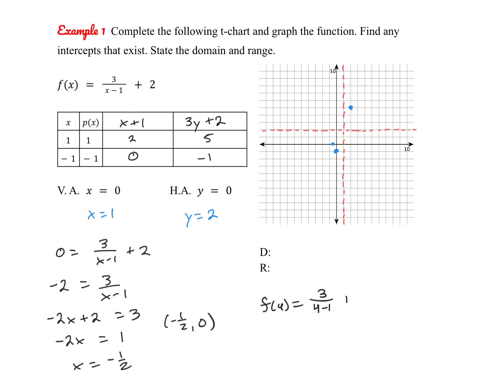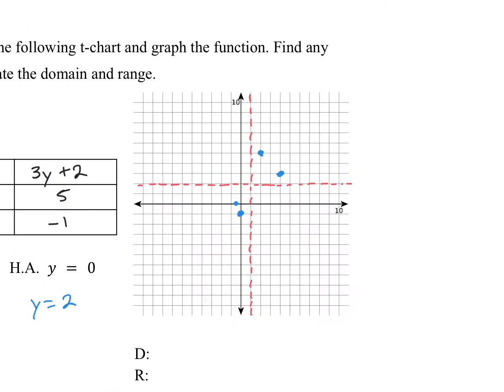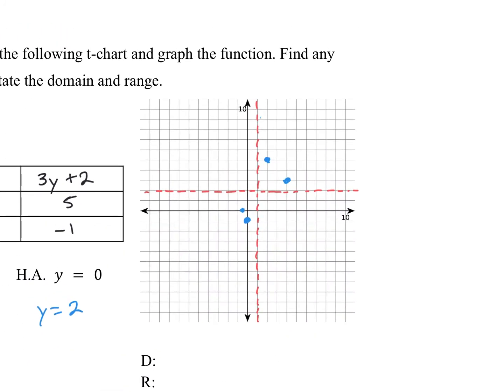So we have 3 over 4 minus 1 plus 2. So this gives us 1 plus 2, which is 3. I did pick 4 strategically because it looked like it'd be easier for us to simplify. So we have that extra coordinate of (4, 3). So I'll plot that on our graph. And then I'll zoom in a little bit on the graph. So we have something that looks like this.